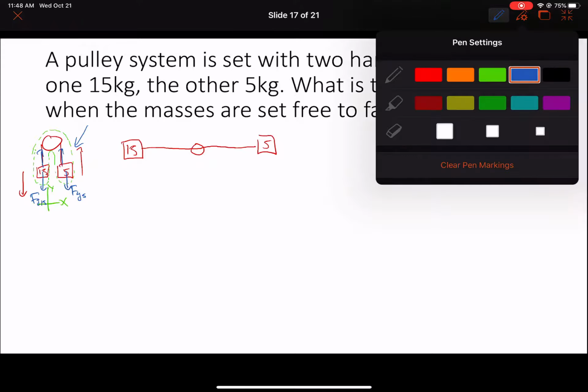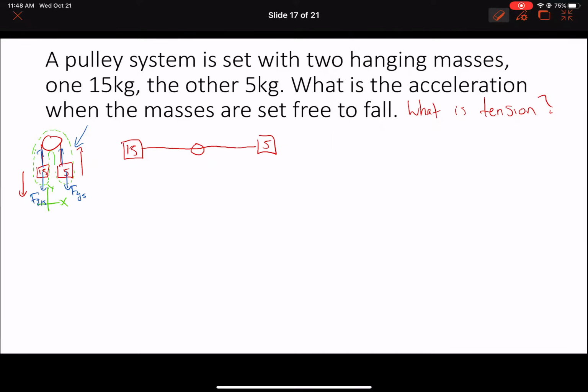In this problem, we're not going to worry about tension because it's internal to the system. It's within the string, okay? We only care about forces that are affecting the system as a whole. Tension is within the string. It's within our blocks. It's within our system. And so this force pulls the system to the right.